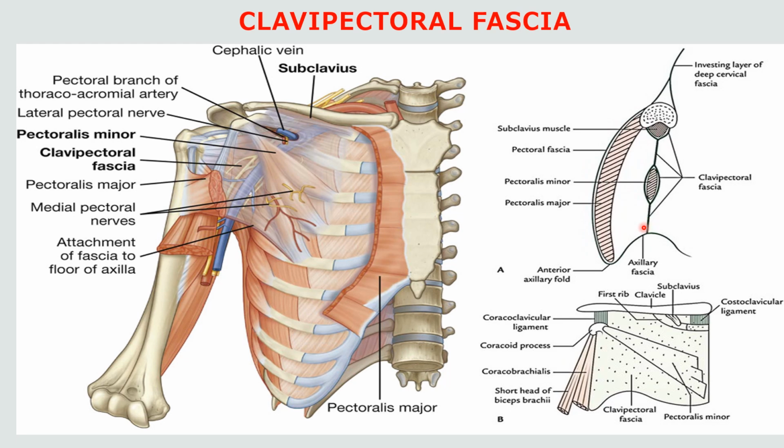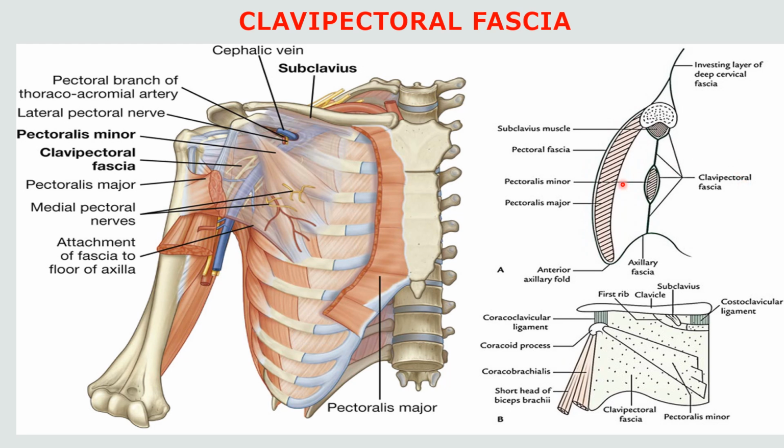Then it reunites at the lower border of the muscle and extends downwards as the suspensory ligament of the axilla, which blends with the summit of the axillary fascia and maintains the hollow of the armpit. So this is about the attachments.